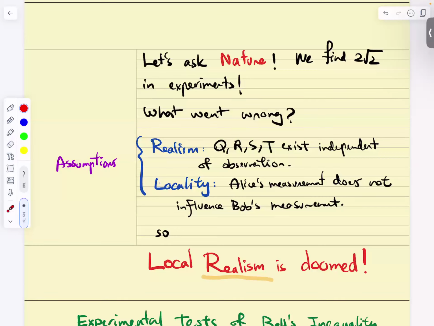It's also plausible that relativity is violated, but that's extremely unlikely because relativity is the foundation of modern physics. But if you want to be really like a philosopher, you can question that and say local realism. Local means relativity. So the experiments reveal that quantum mechanics wins, and we do see 2 square root 2. And local realism, or realism, is dead forever.